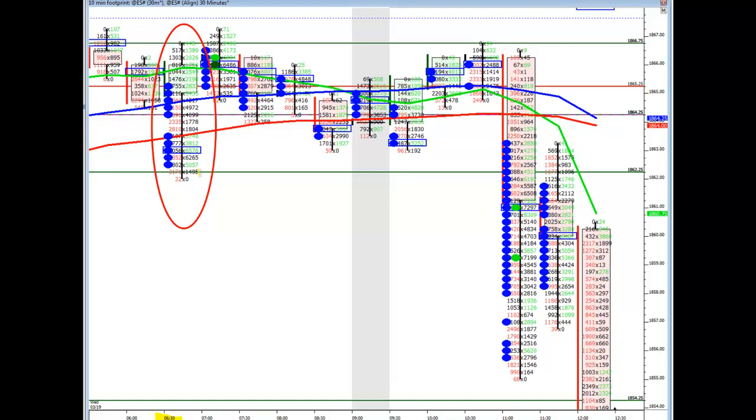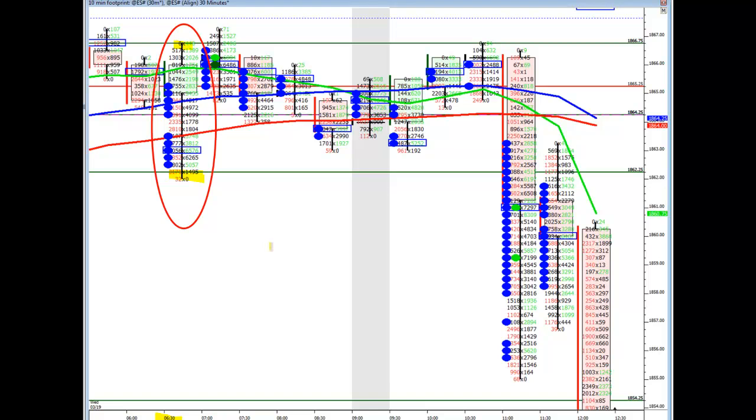Interesting. Take a look at how that first period, 30 minutes, drops all the way down to the value area low and goes all the way up to the value area high, as if to taunt us. Okay, figure it out, guys. What do you think? Am I going up or am I going down? And it opens the range all over the place. Now, as far as volume, take a look at our dots.